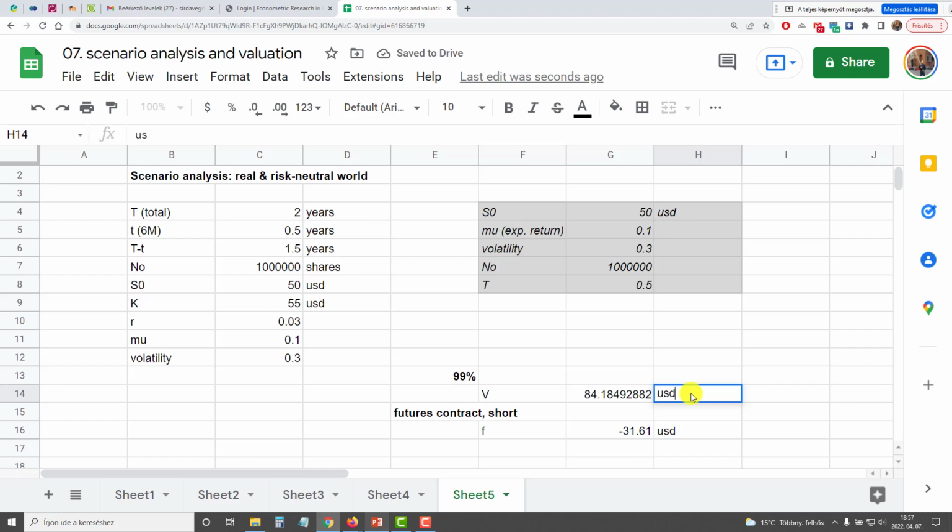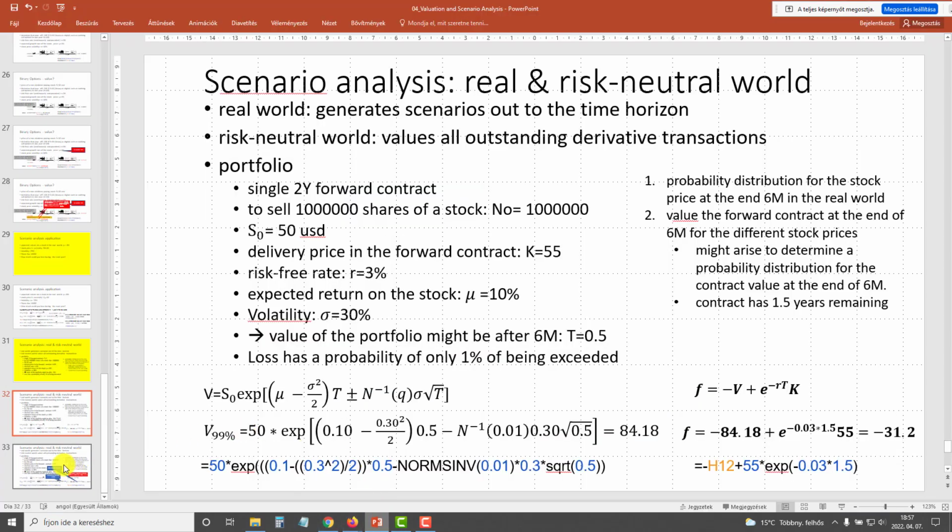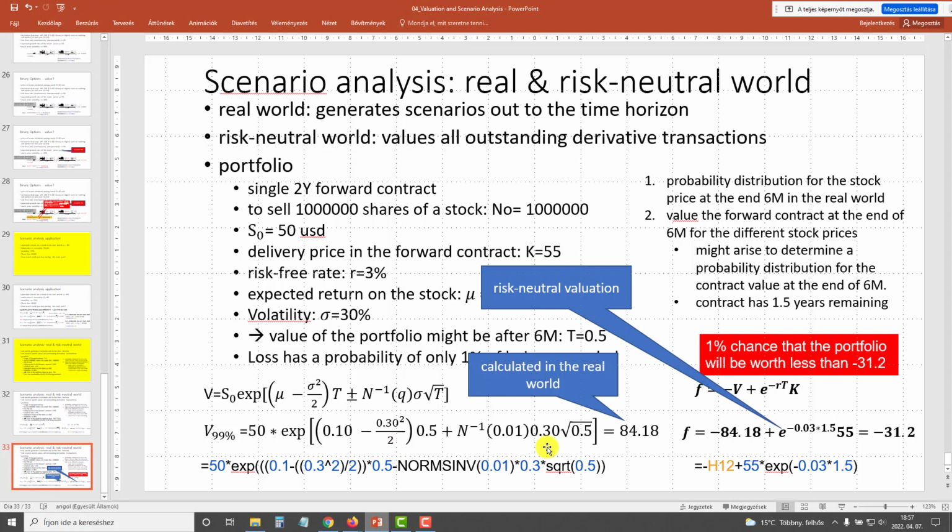And this one is the same. So we can see that now there is a 1% chance that the portfolio will be worth less than minus 31.2 US dollars, which is nice because at least our treasury can be happy.